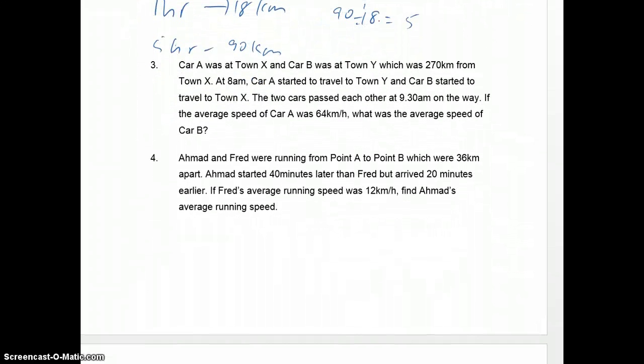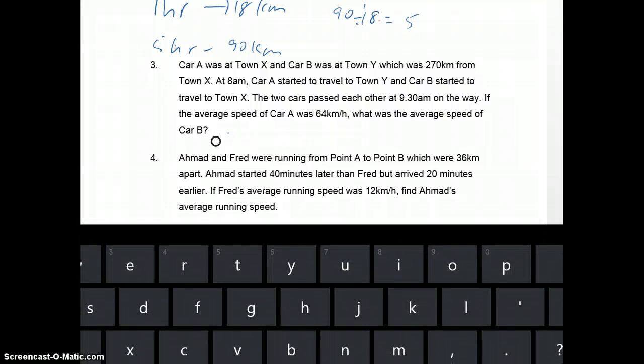For number 3, things will start to get complicated. Once again we will need to use the speed time graph. Car A was traveling from X and car B was at Y, and the distance X to Y is 270 kilometers.